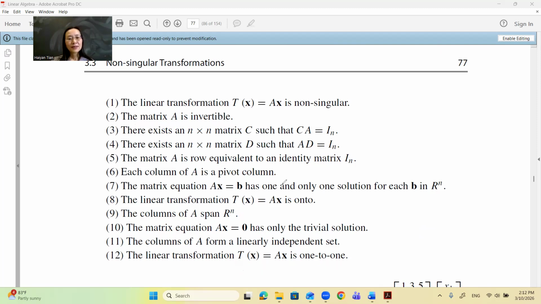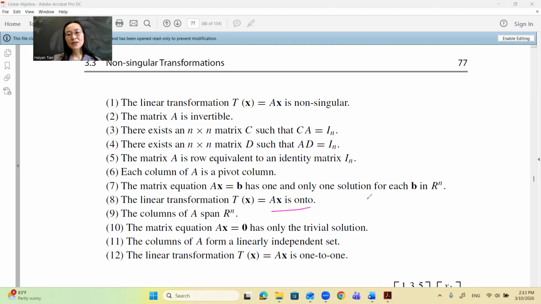On the other hand, if it's non-singular, it is also onto. Because for each B in Rn, you can find an X whose image is B. Therefore, each B is the image of some X. So any B from this space is an image of the transformation, so it is an onto mapping.